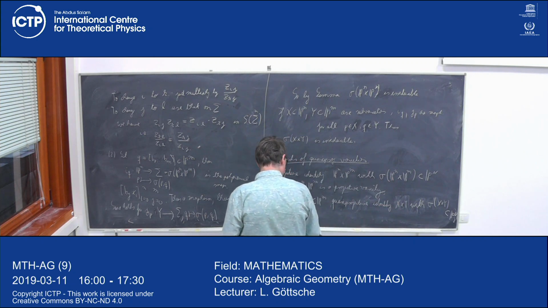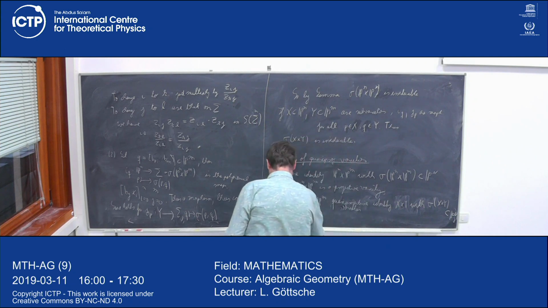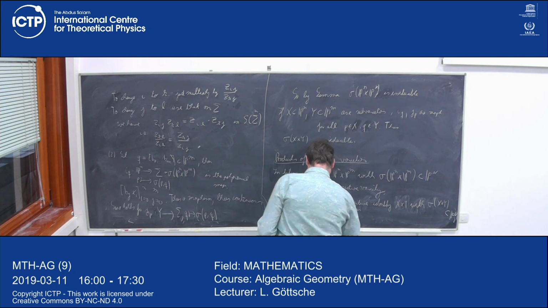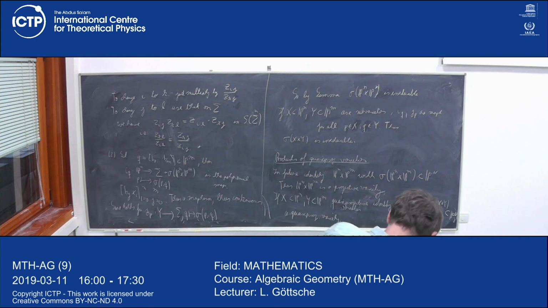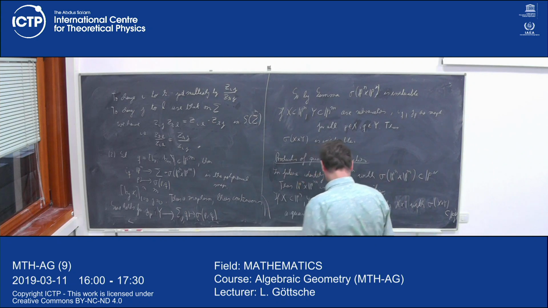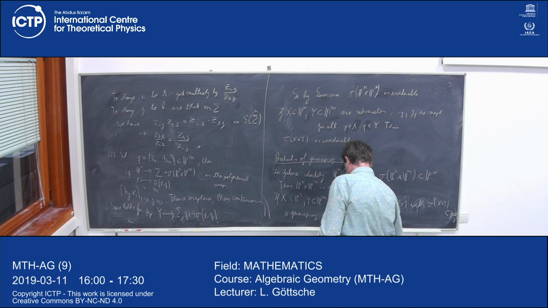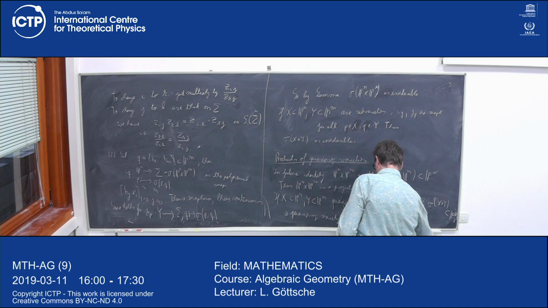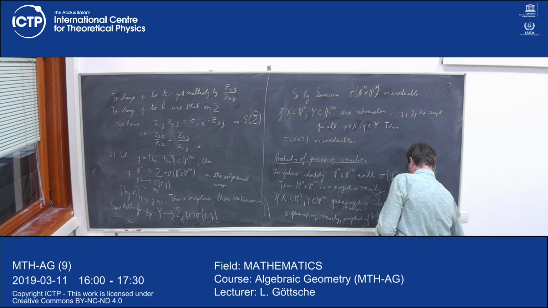So these are quasi-projective varieties, which will be projective if both X and Y are projective.